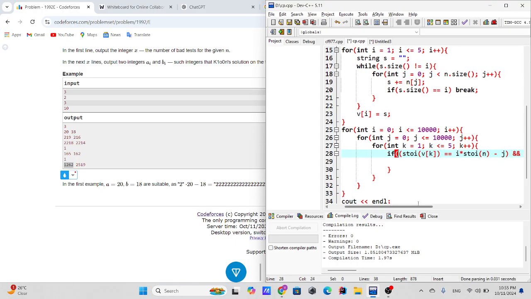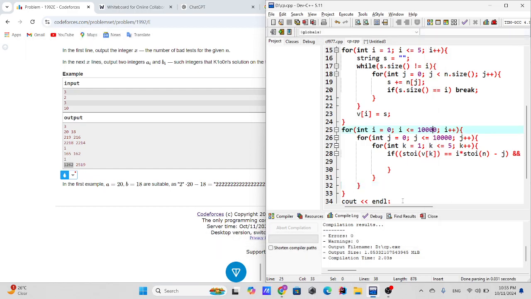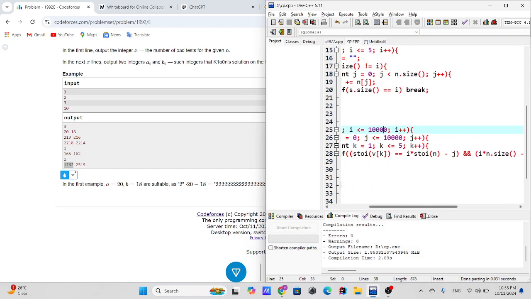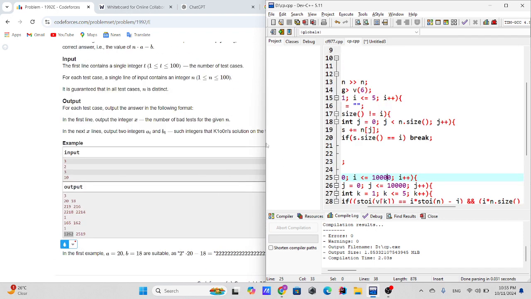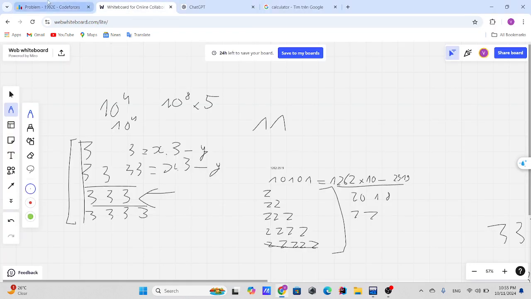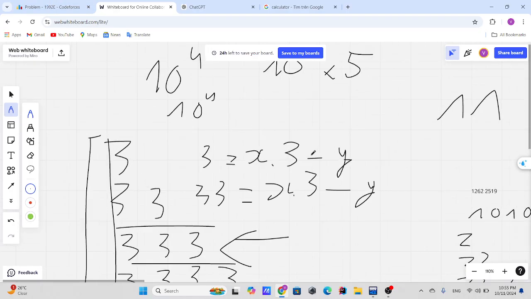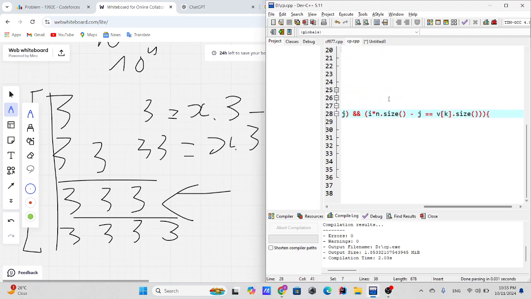If vk is... it's still running. Somehow it's still running. What is vk? vk is equal to x multiplied by 3, right? e multiplied by n minus j and e multiplied by n dot size.